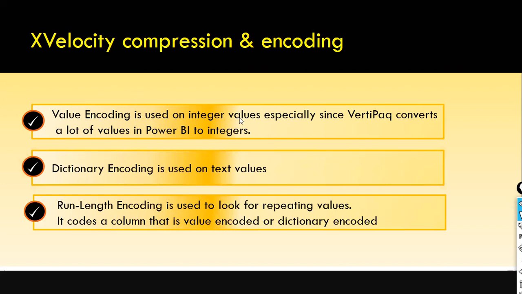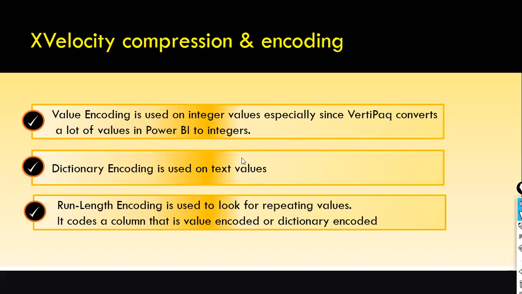Let's say the columns in your data set that you want to use are integers. In that case, value encoding is done. Your XVelocity engine, which is nothing but the VertiPaq, converts a lot of values in Power BI to integers. Dictionary encoding is used on text values. If I have an integer data type, then value encoding is done.